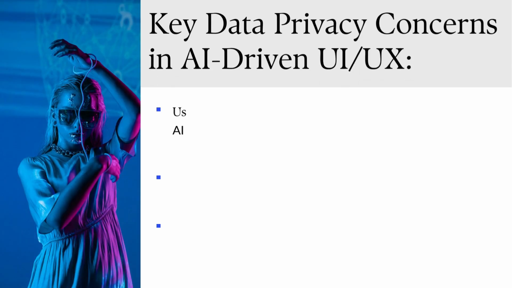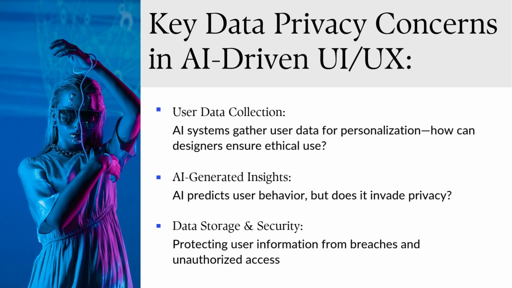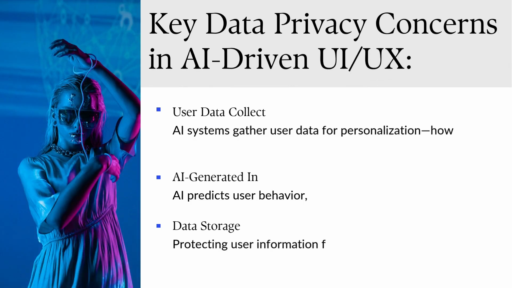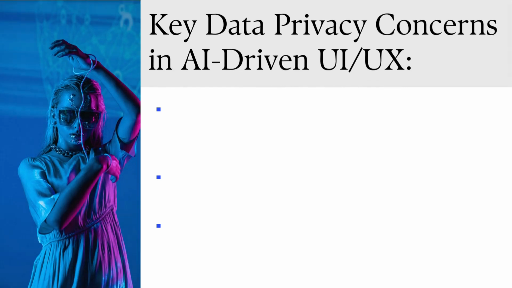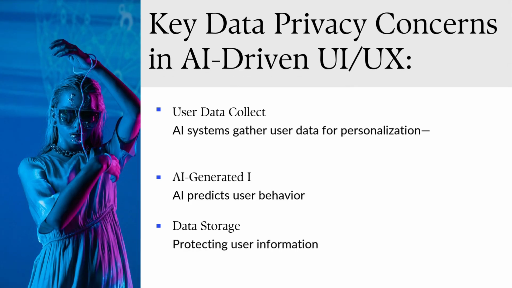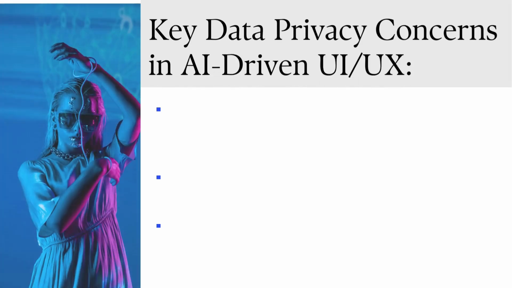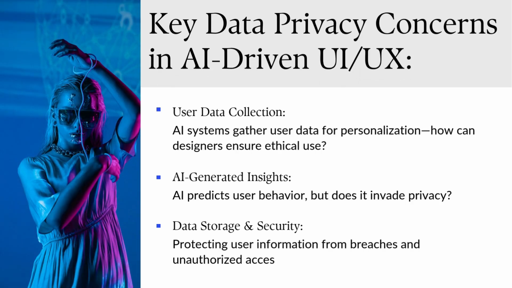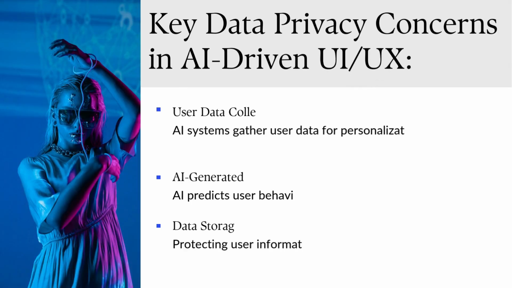With this, AI predicts user behavior, asking key data privacy questions like, does it invade privacy? Next is what we call the data storage and security. With this, it involves protecting user information from breaches and unauthorized access.